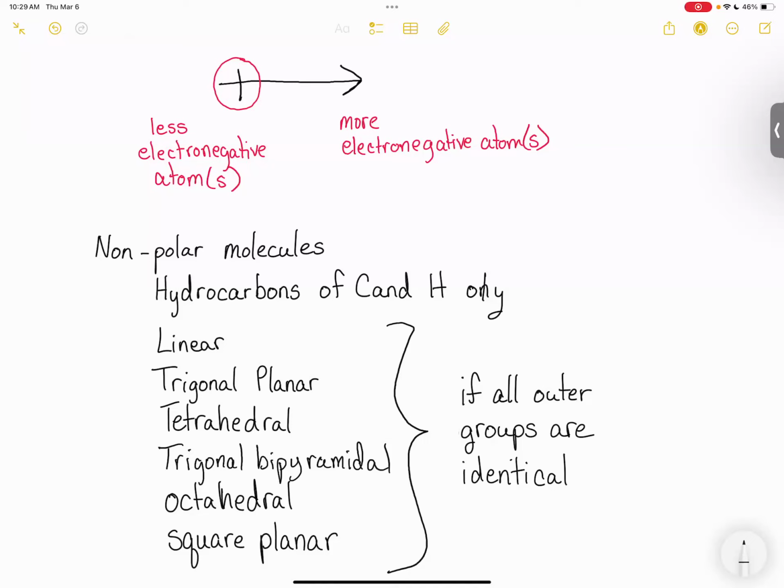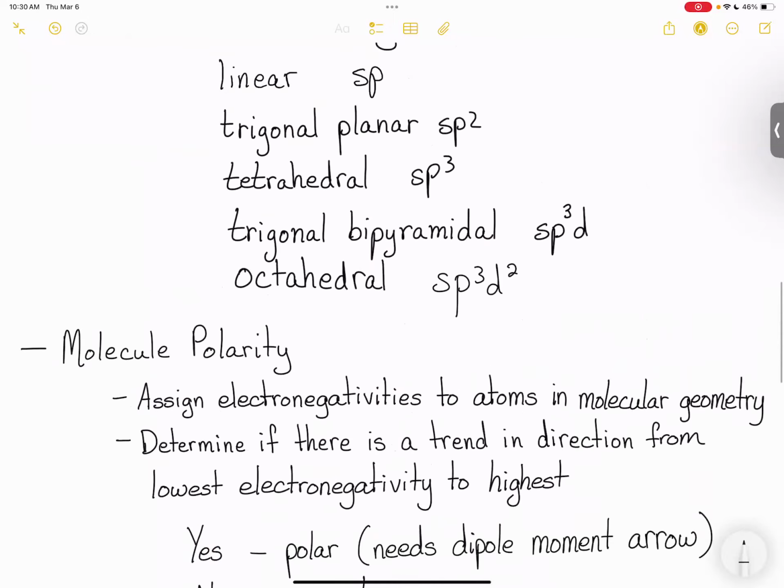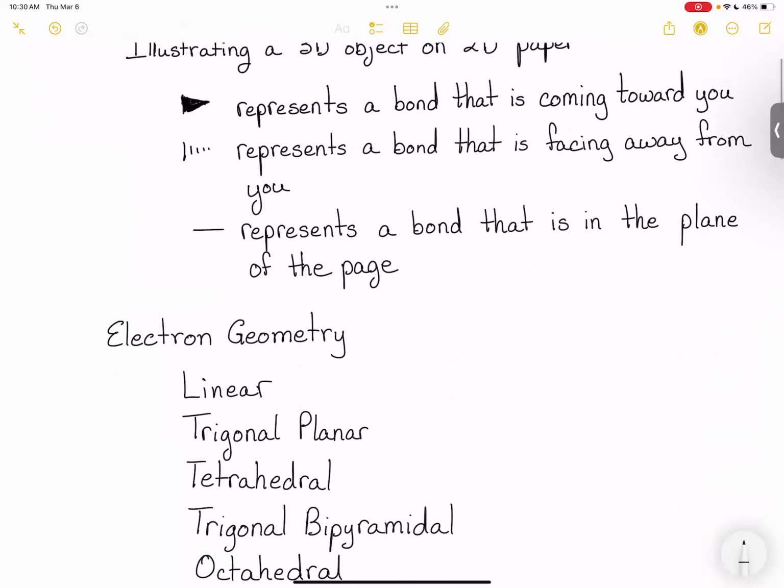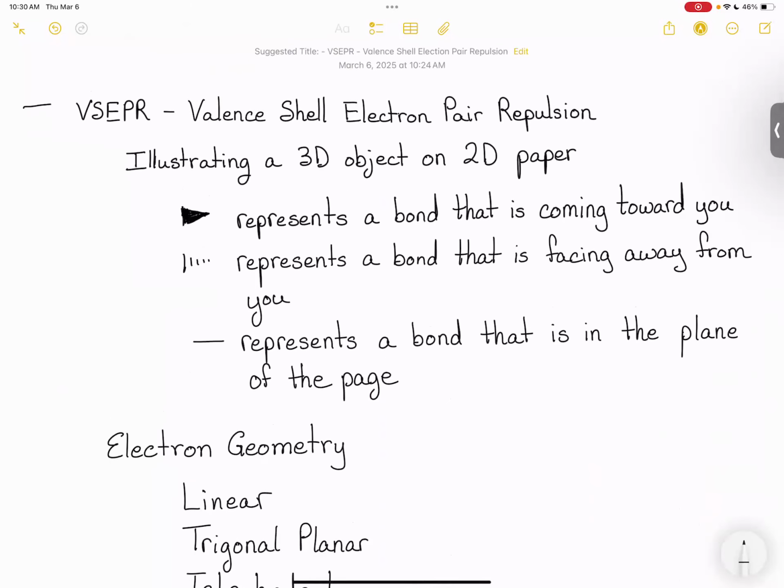Therefore, if I were to draw this in a tetrahedral format, I would draw it using this structure. By the way, when I illustrate a 3D object on a 2D screen, bonds that are lines are in the plane.